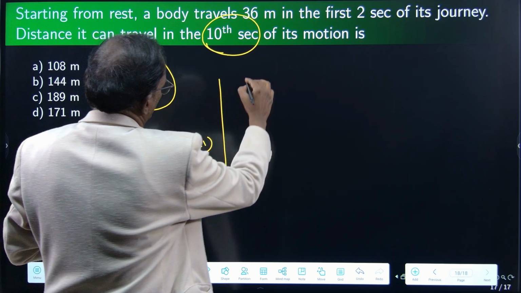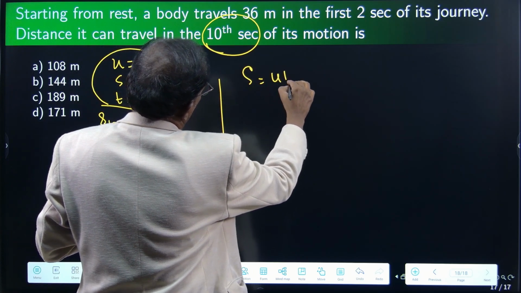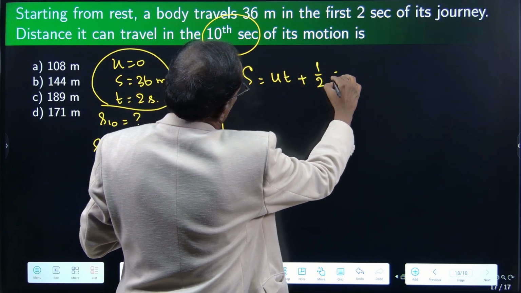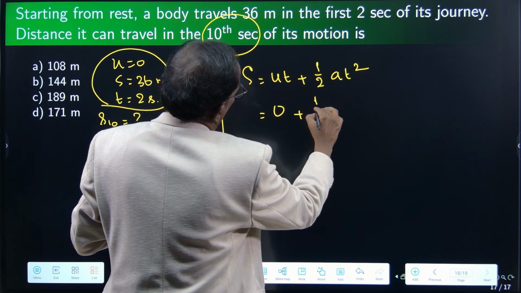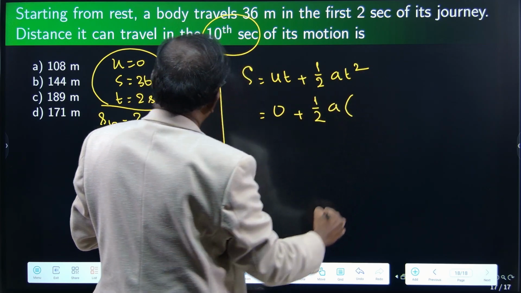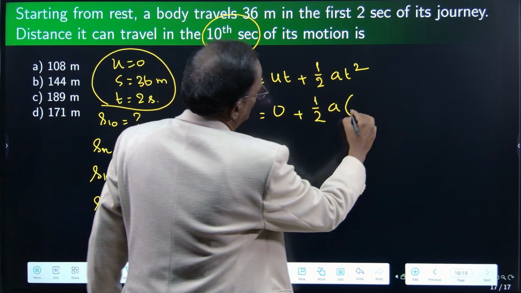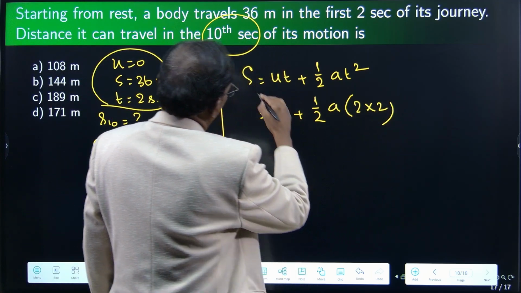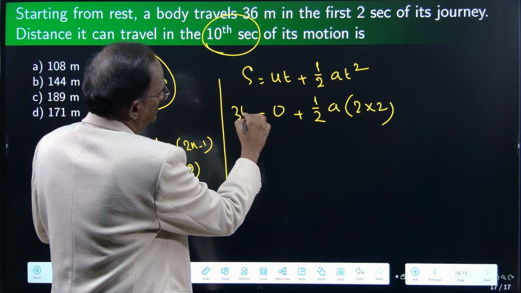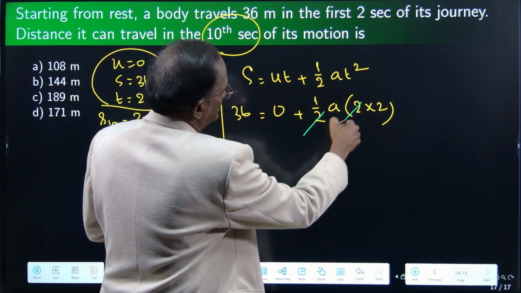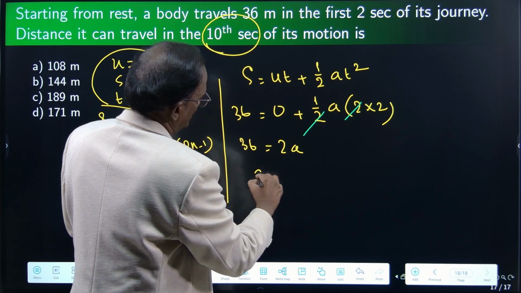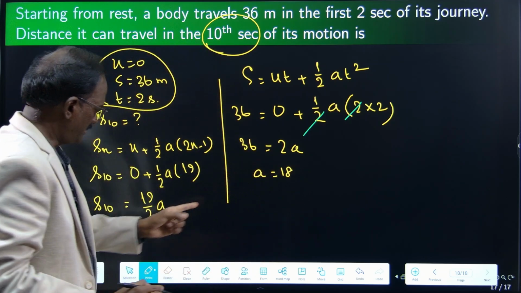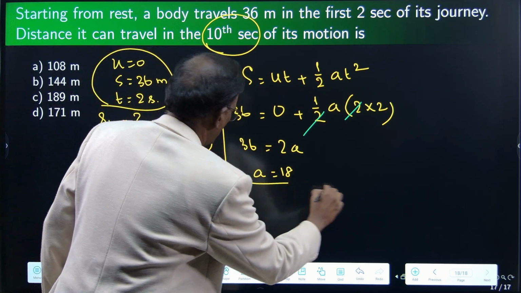S is equal to ut plus half a t square. u is equal to 0, t is 2 seconds, 2 into 2, and S is equal to 36 meter. So 2a is 36, a is 18.